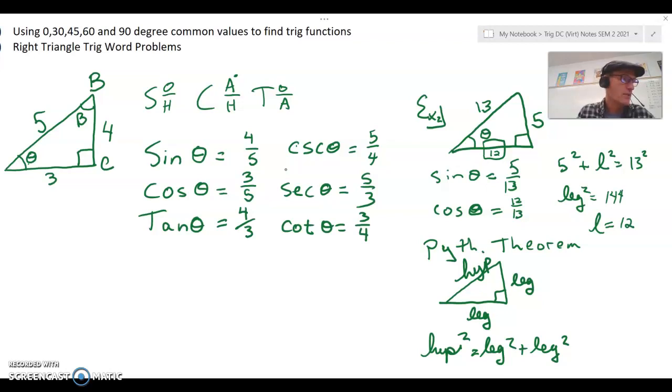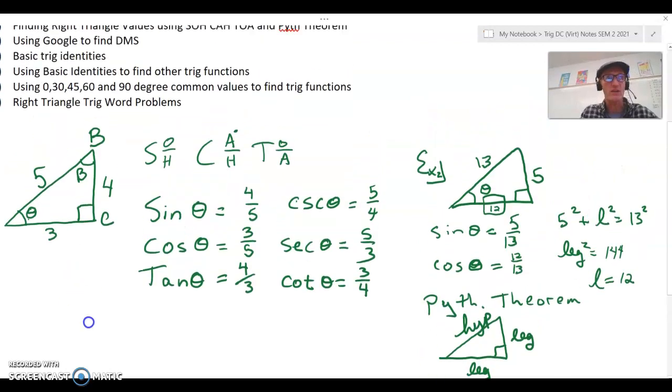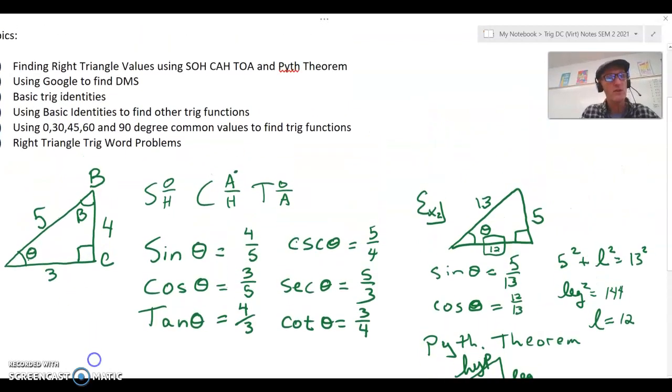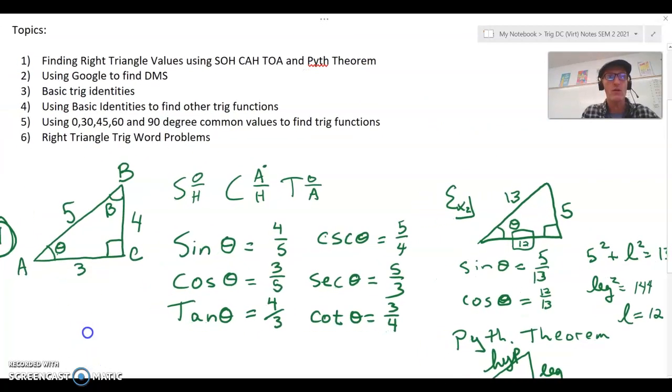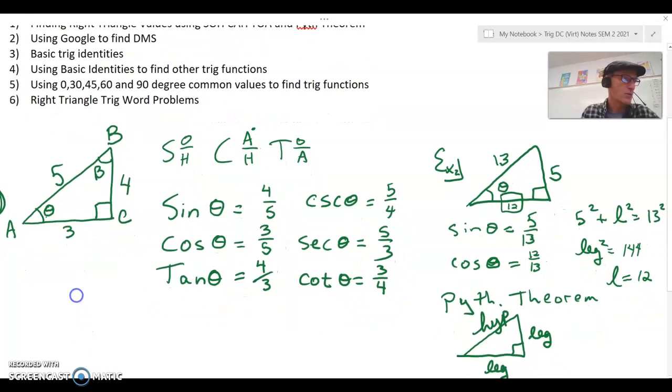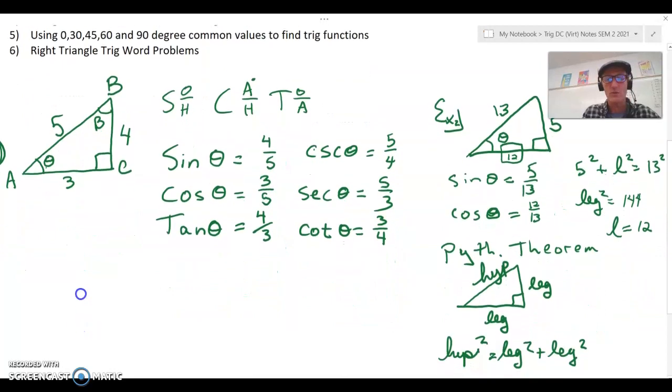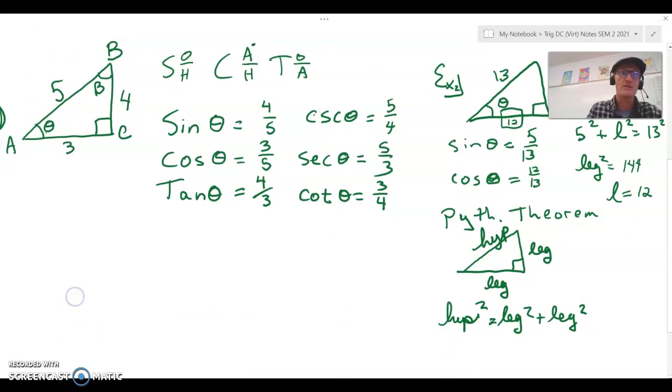Okay? Now, sometimes you need to sketch a right triangle. So finding right triangle values using SOH TOA also gets us to problems like this. See, this is the example 3, topic 1.